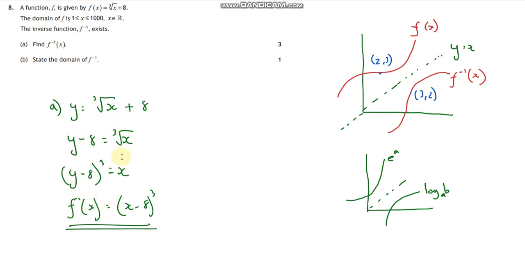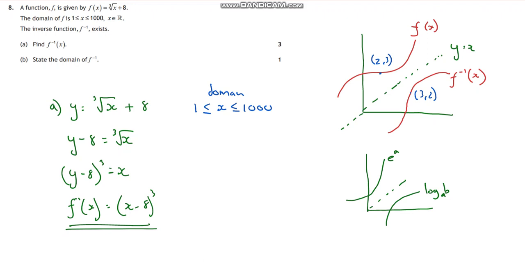And the next one is talking about the domain for this function. That sounds a wee bit trickier, but let's have a think. So our first function, we said the domain was between 1 and 1,000 for the first one. Now the domain is the input, and the range would be the output.